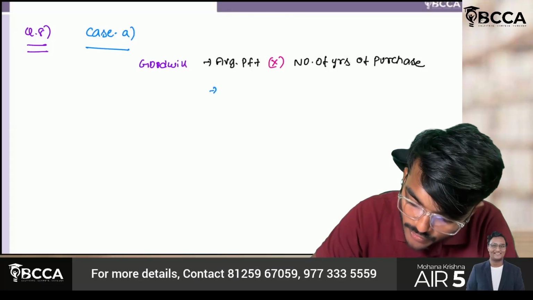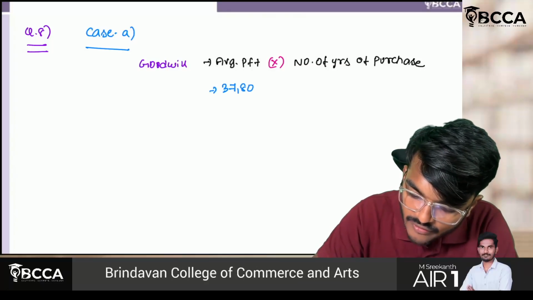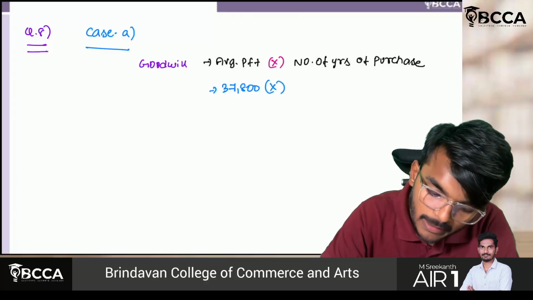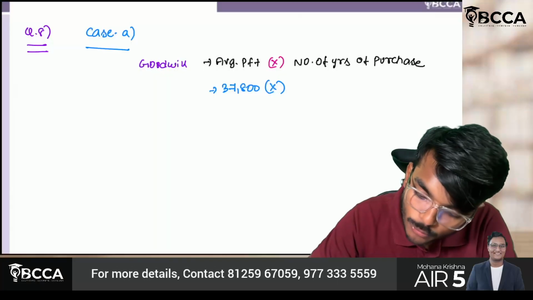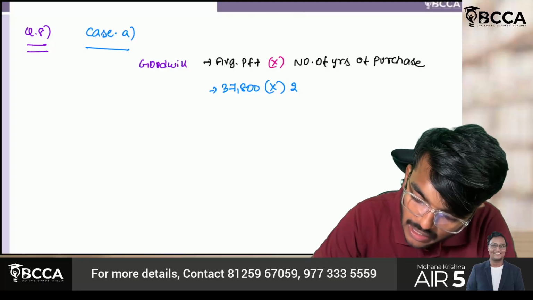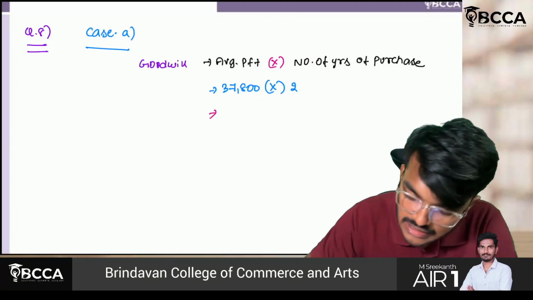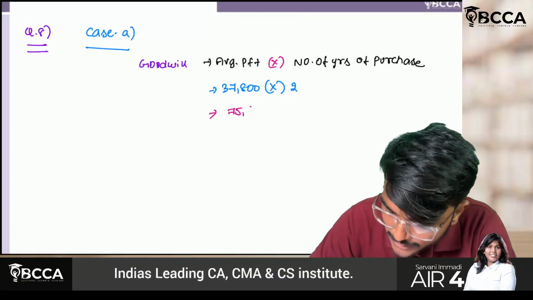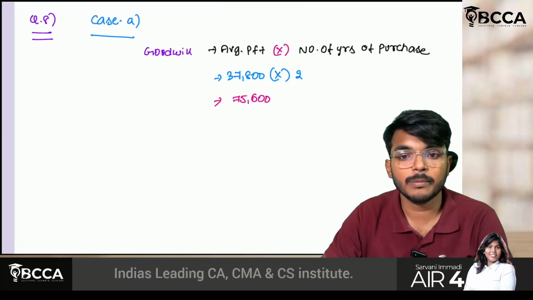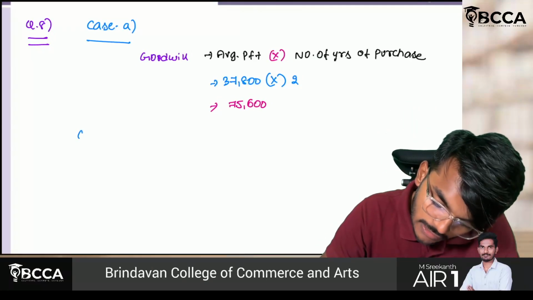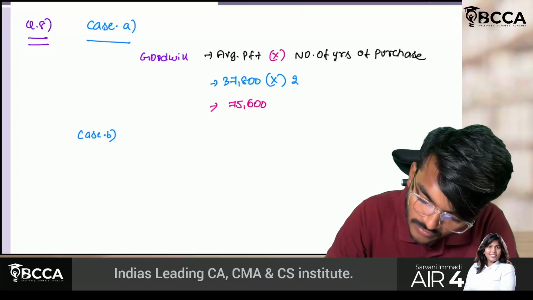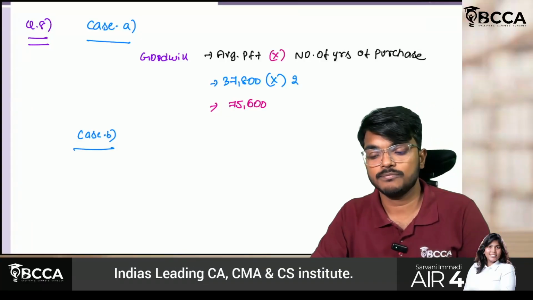This average profit of 37,800 will be multiplied by the number of years of purchase they have given, which is 2, so you get 75,600. That's it, case A's answer is done. We will not waste much time there. Let us quickly move to case B.